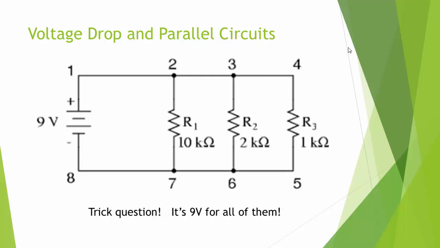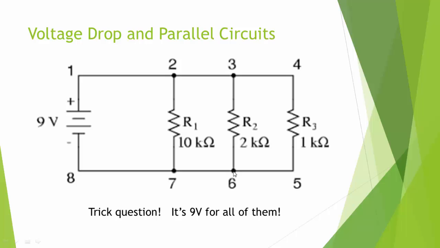Okay, welcome back. In fact, this is a trick question, a good one for you to remember before we get to a test in this course. The answer is it's 9 volts for any of these three. Now why? I think probably you already get this, but I'll make sure. Notice that nodes 2, 3, and 4 are connected by wires. Anything connected by a wire has the same potential.